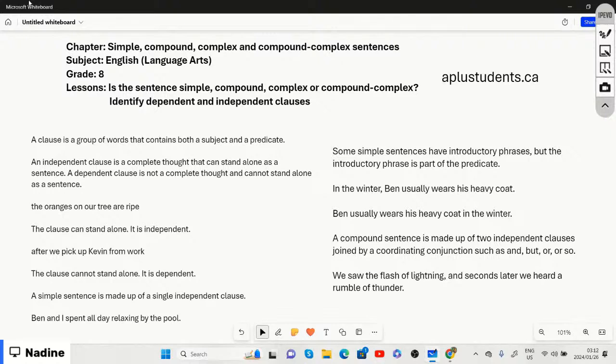For example, we saw the flash of lightning, and seconds later we heard a rumble of thunder.